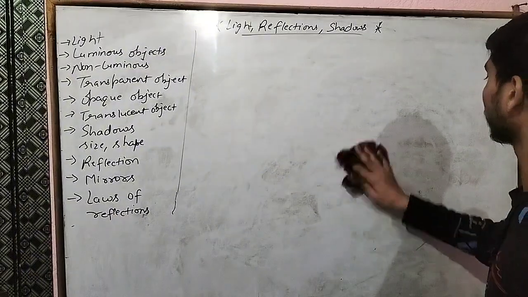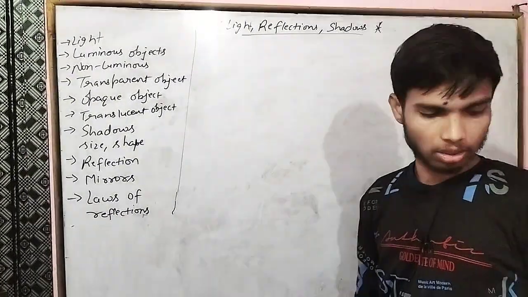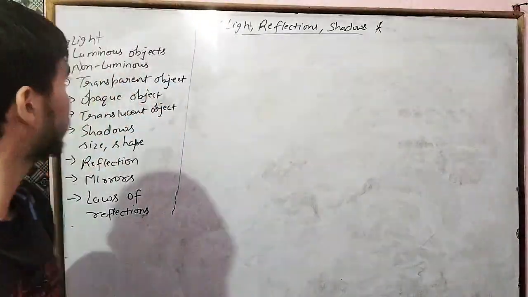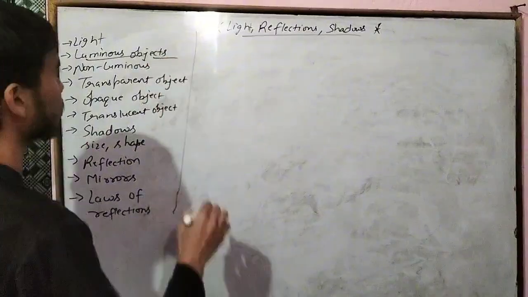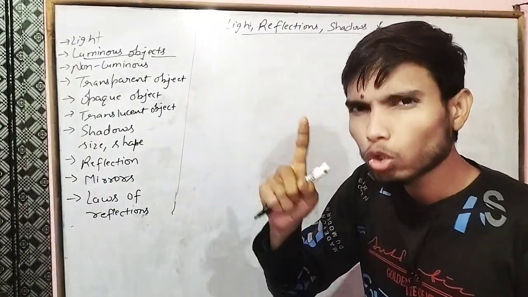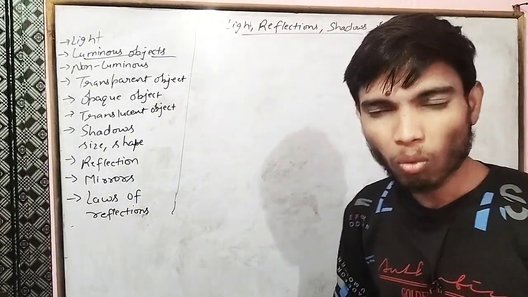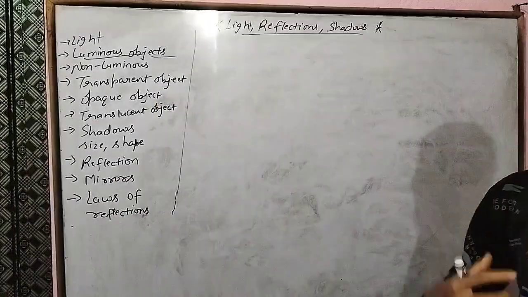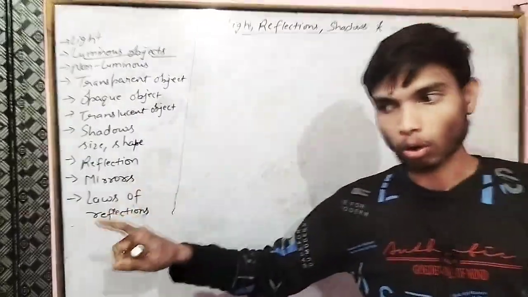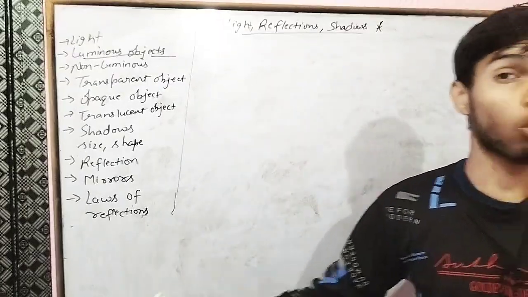So light provides us a ray, a beam. Now, luminous objects. First of all, you need to be clear what an object is. Now we need to identify which type of object would be luminous and which type would not be luminous.